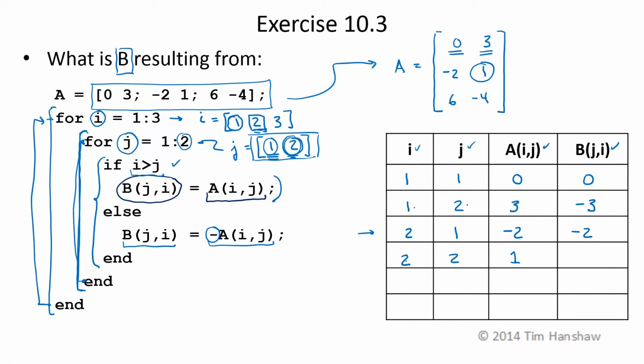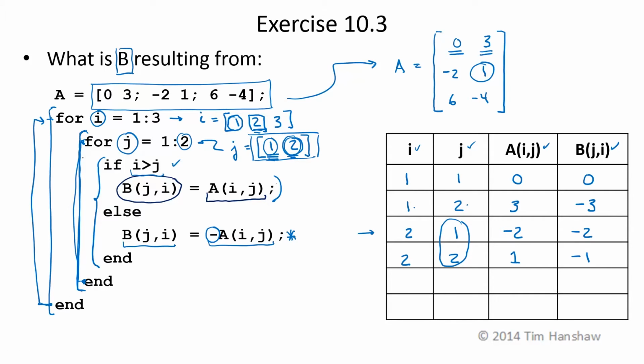In this particular case, i and j are the same, so i is not greater than j, and we change the sign on A of i comma j to make it -1. Finishes this decision. Our inner for loop is also finished. We've done both j equals 1 and 2. So we're done with this for loop.